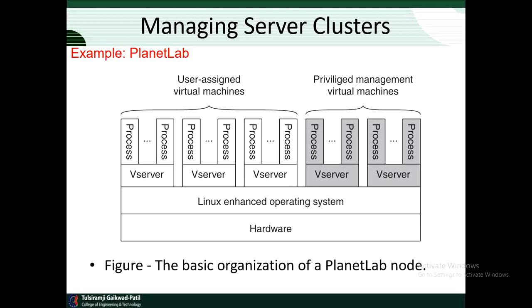Each node is organized as defined in the figure, where there are two important components. The first one is the virtual machine monitor, that is VMM, which is an enhanced Linux operating system, and the enhancement mainly comprises adjustments for supporting the second component, namely vServers.